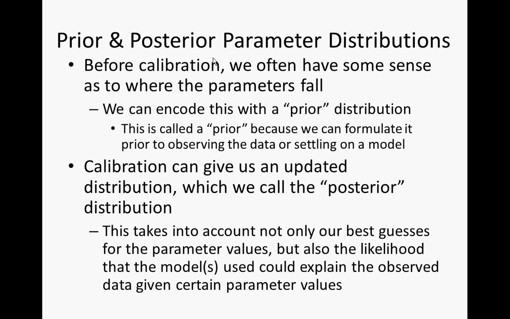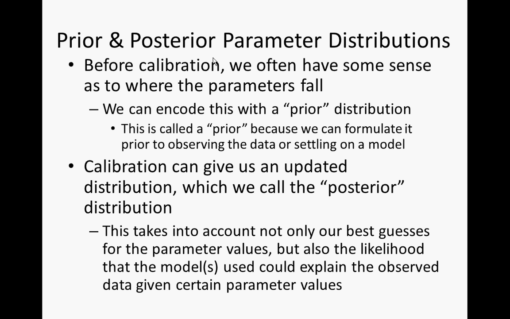Before calibration, we often have some sense as to where parameter values fall, or indeed some best guesses, not only as to where parameters fall on the one hand, but also as to which of several possible competing model structures may be most appropriate.